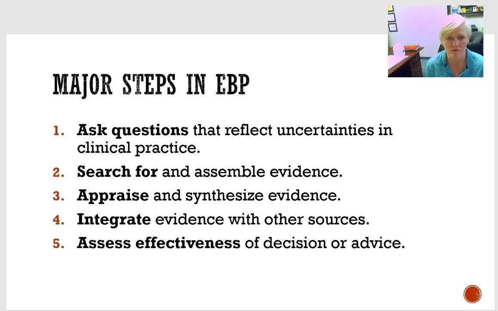And then also your local context. So if a study was done in inner city New York City, it might not be applicable here in rural Oklahoma. So you need to look at that context of the culture and where you're practicing. And then you need to assess the effectiveness of the decision or advice or intervention, whatever it is that you end up doing. Was that effective?